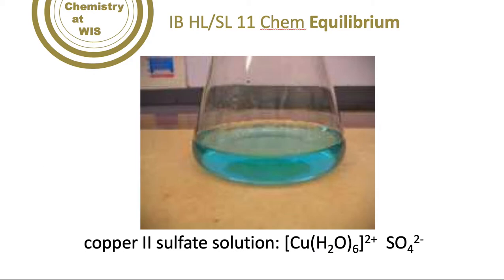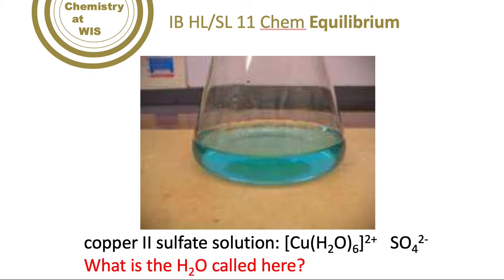Lone pairs of electrons on the delta negative oxygen atoms are attracted to the copper 2 plus ions, and there are 6 of them, and that's going to be different from the 5 water molecules that are associated in the solid hydrated crystal. And the water here, because of the lone pairs of electrons that are attracted to the positive copper ion, is called a ligand.